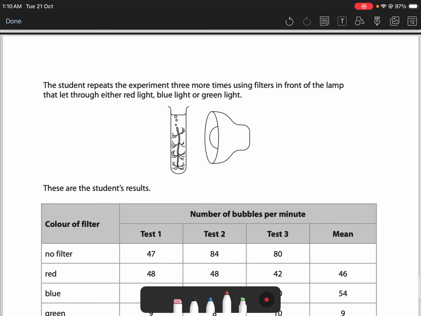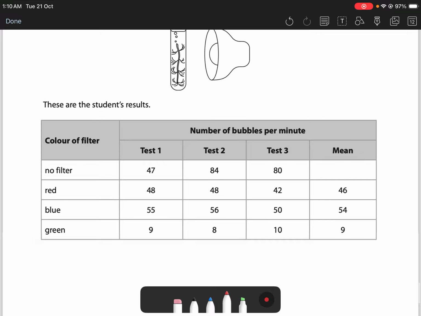Okay, now moving to the next question. The student did an experiment and repeated the experiment more times using filters in front of the lamp, and thus let through either red light, blue light, or green light. So color of the filter when the filter was used or no filter, number of bubbles produced, by the way.